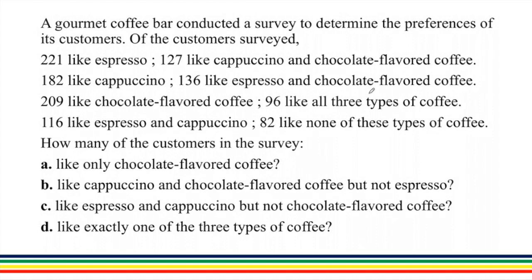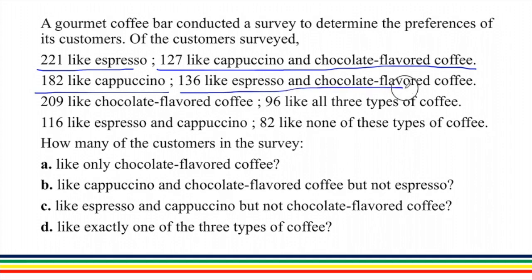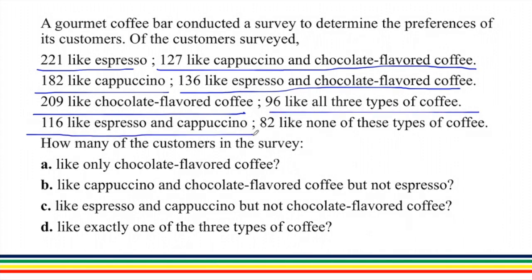Of the customers surveyed, 221 liked espresso, 127 liked cappuccino and chocolate flavored coffee, 182 liked cappuccino, 136 liked espresso and chocolate flavored coffee, 209 liked chocolate flavored coffee, 96 liked all three types of coffee, 116 liked espresso and cappuccino, 82 liked none of these types of coffee. Okay, these are the questions. How many of the customers in the survey like only chocolate flavored coffee?